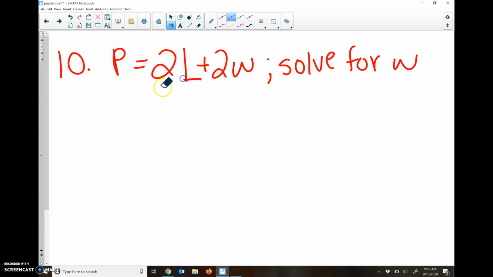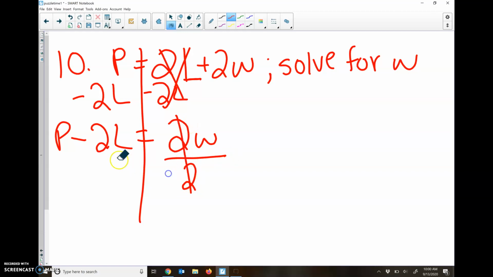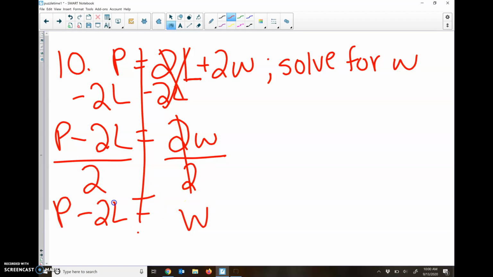So I'm going to subtract 2L from both sides. So I have P minus 2L equals 2W. Now I have to get rid of that 2 in front of the W, so I'm going to divide both sides by 2. So my final answer is W is by itself over here: P minus 2L divided by 2.